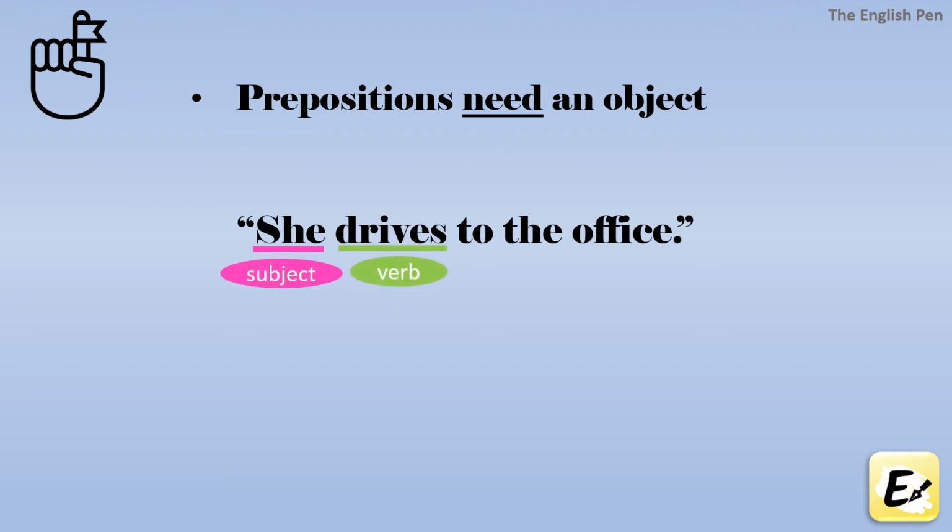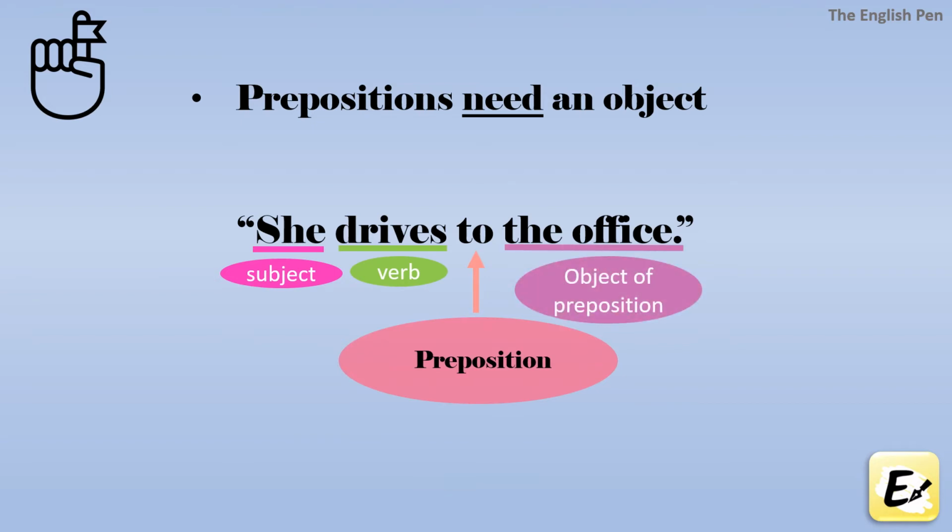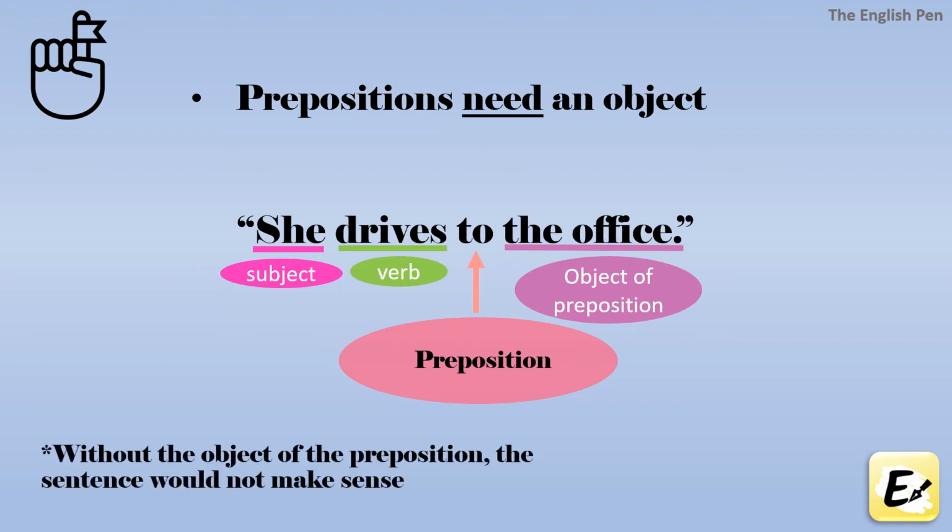Drives is the verb. To is our preposition. And the office is the object of the preposition. She drives to where? She drives to the office. The office completes the meaning of the preposition to. Without the object of the preposition, the sentence would not make sense.